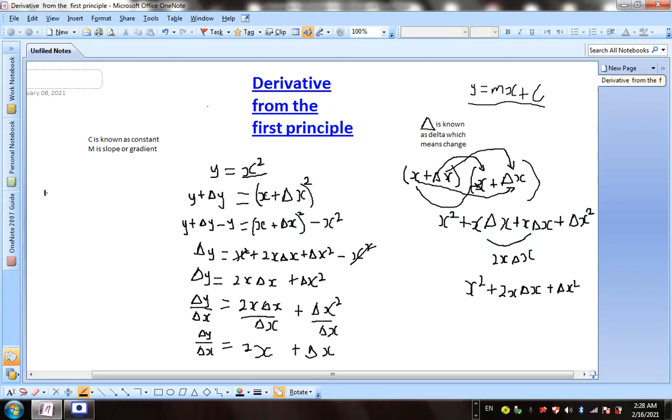Now limit dx to 0. So we have dy/dx is equal to 2x, since the dx we limit to 0, so we are left with 2x.